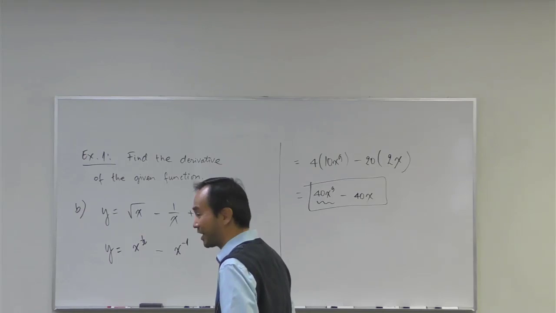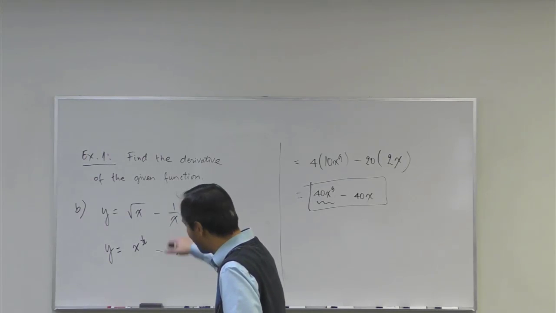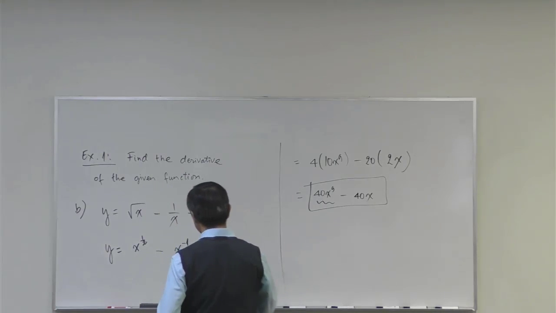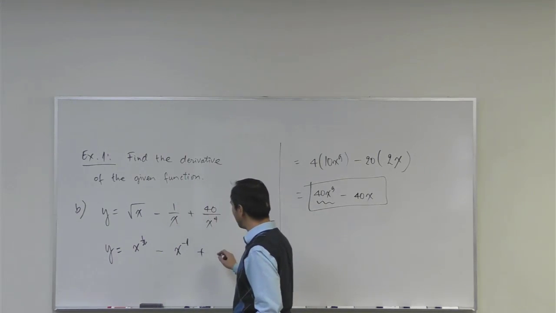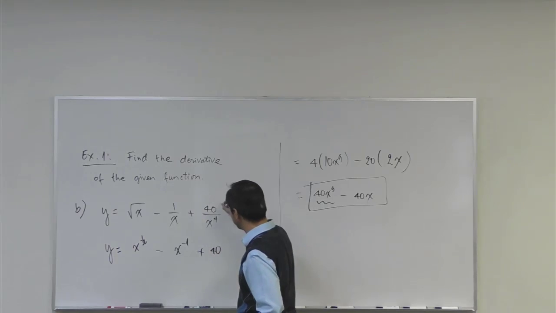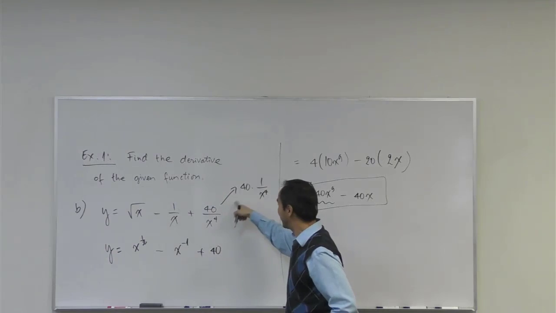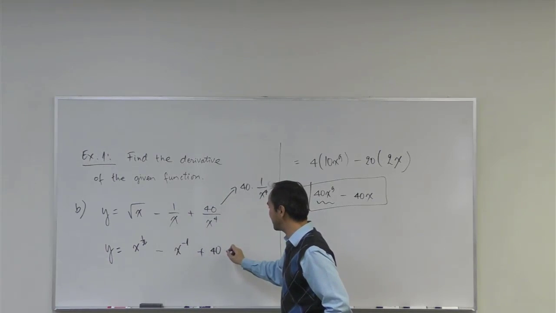It applies to negative power. It applies to rational powers as well. Okay? And so the last term here, the 40 over x to the fourth, think of that as a 40 coefficient, multiplied with 1 over x to the fourth. Did I give you a hint? Think of that one like that, right? So now it means 40 times x to the negative 4 power. See what I'm doing now? Right?